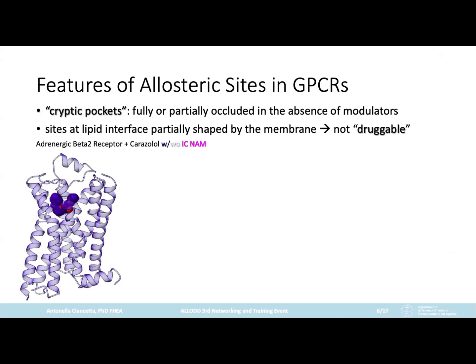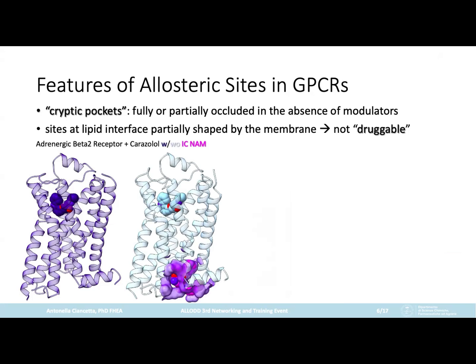This is the case, for example, of the beta-2 adrenergic receptor that was crystallized. You have an X-ray structure of the inactive state of the receptor with an inverse agonist and without an allosteric modulator, and another structure with the same inverse agonist in the orthosteric binding site and an allosteric modulator binding on the intracellular side.